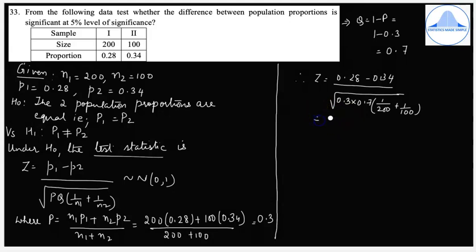So which is equal to minus 0.06 into root 0.21 into 0.005 plus 0.01. So simplifying, we get minus 1.0714.